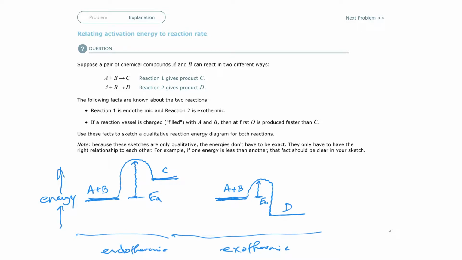Now, let's see if it makes sense. It says if the reaction vessel is charged or filled with A and B, then at first D is produced faster than C. You can see why D would be faster than C. Let's imagine that we're throwing snowballs. Okay, here's me and my buddies over here. We've got snowballs, and here's our enemies on this side.